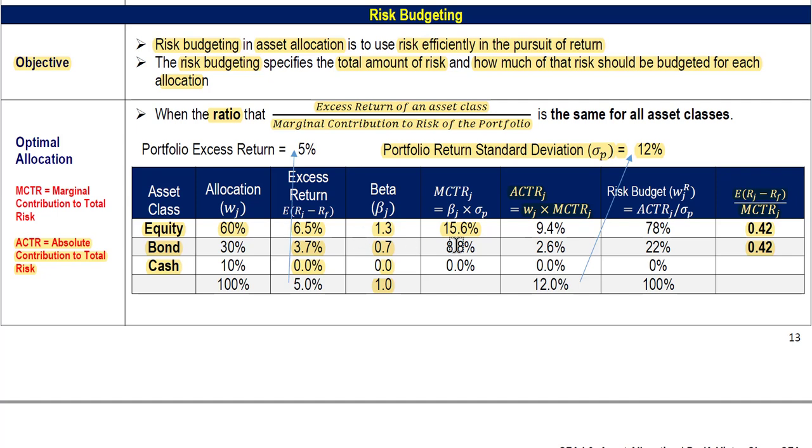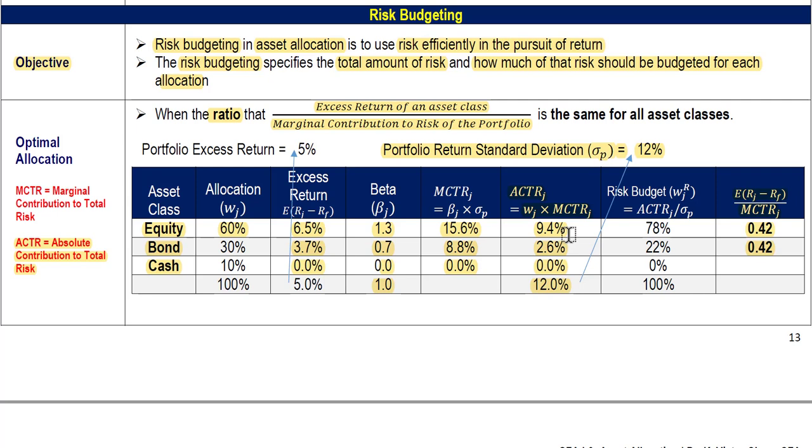So 60% times the MCTR gives the absolute contribution to the total risk, 9.4%. Then we calculate each one, the MCTR and then the ACTR. For cash it is 0 and 0. Obviously the sum of the ACTR is the risk of the portfolio, 12%.